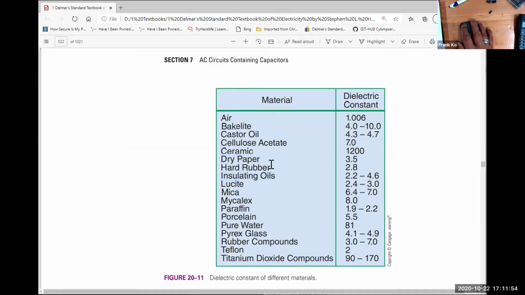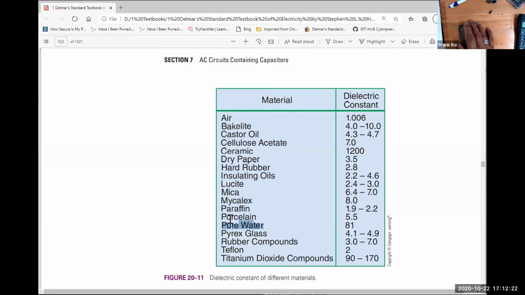Rubber is a good insulator. And there are insulating oils that PG&E uses. PG&E uses some, unfortunately, carcinogenic oils in the transformers on telephone poles, and that's another discussion. But there are insulating oils that don't conduct electricity that are used in capacitors. Mica, paraffin, porcelain, even pure water.